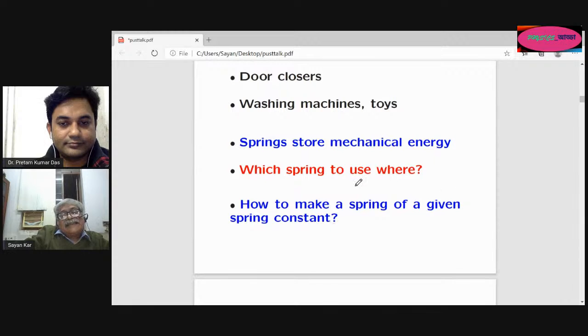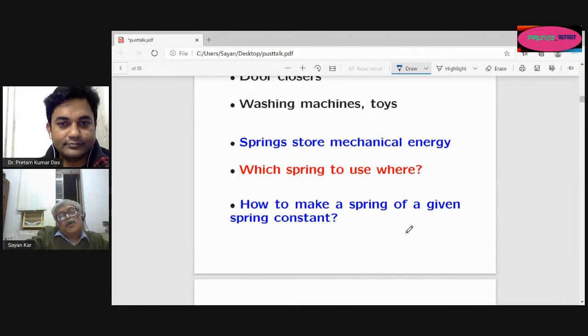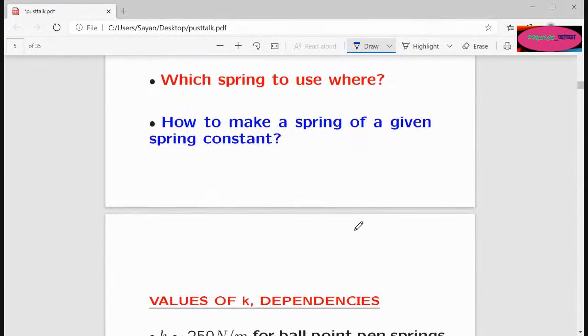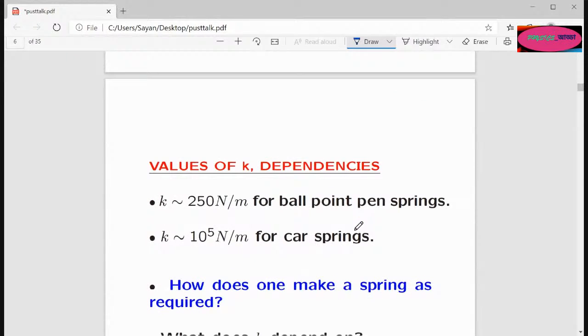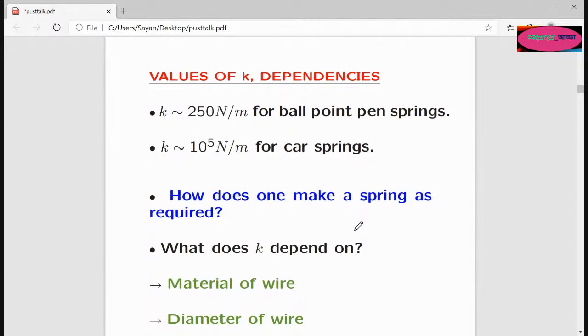So we want to address these two questions, that is, which spring to use where. And to answer that question, we must know how do I make a spring of a given spring constant. For instance, the value of K, the spring constant, in ballpoint pen springs is around 250 Newton per meter.